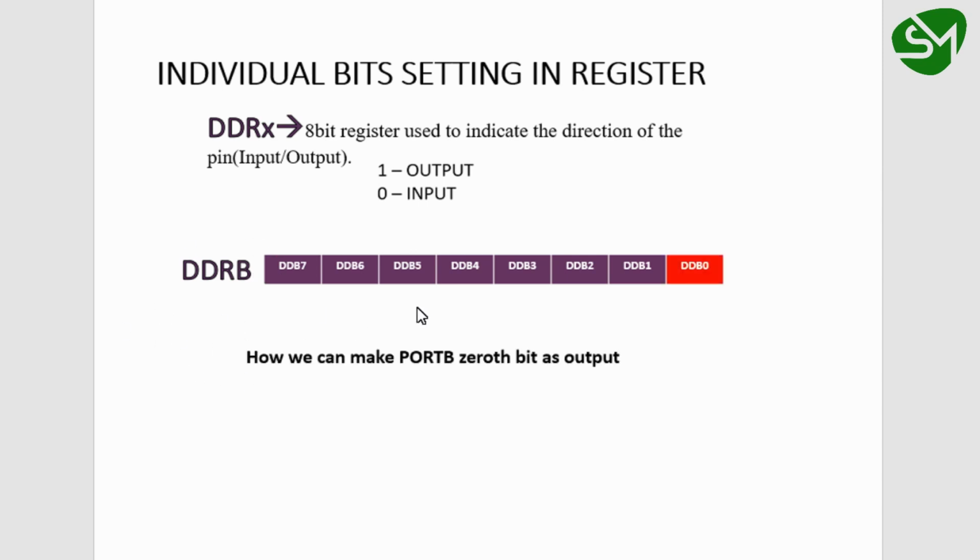So now how can I make this DDB0 bit an output? For that, I just want to write 1 to the DDB0 bit, right? That can be done by using this line. You can see this line will set the DDB0 bit of the DDRB register.